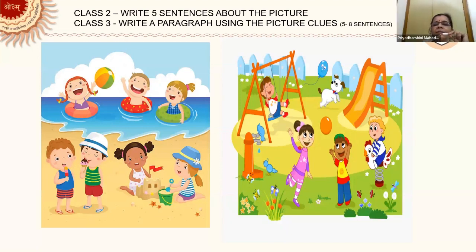So always try that the child should be able to connect himself with the picture. Then only he will get a lot of points. So choose a picture where the child can connect himself. You can choose a place where the child goes regularly, a park or a beach like that. So here write 5 sentences about the picture, about the beach.